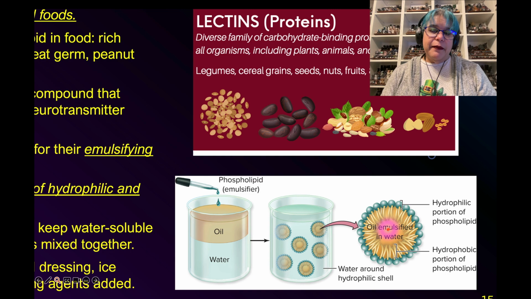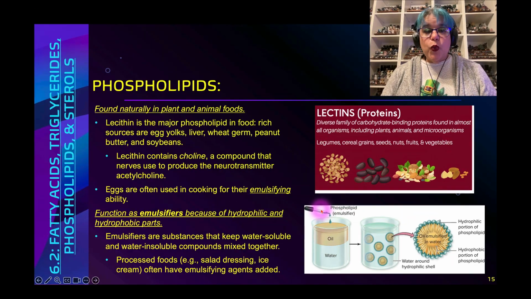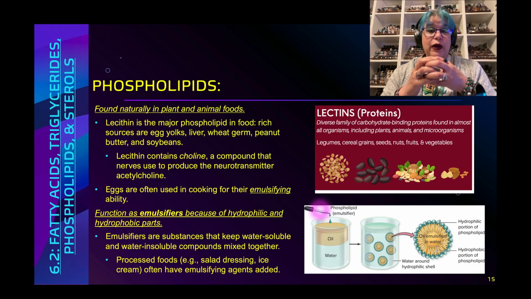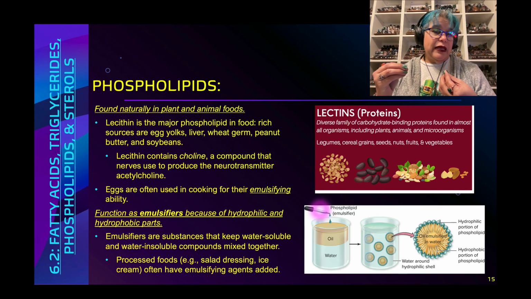And in the meantime, my lipid, my oil, is safe and happy in the middle of the tails because they also don't like water. So when we talk about emulsifiers, emulsifiers are able to take the oil and they're able to actually split it apart into smaller chunks, smaller droplets.